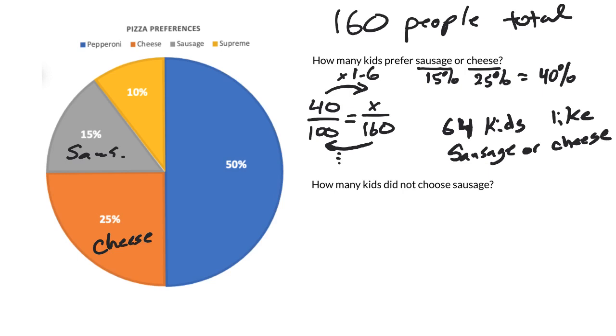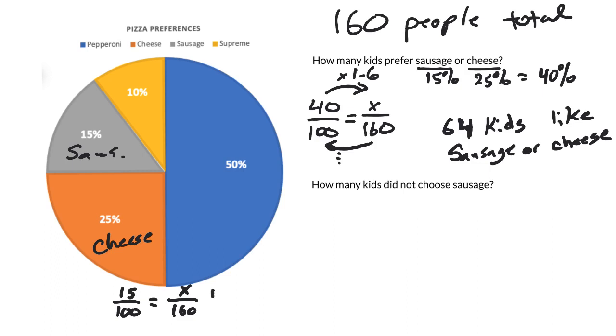All right. Last question says, how many kids did not choose sausage? Okay, there's a couple different ways you can do this problem. You could figure out how many kids actually like sausage. 15% of kids like sausage. So that'd be 15 out of 100 like it out of the 160.